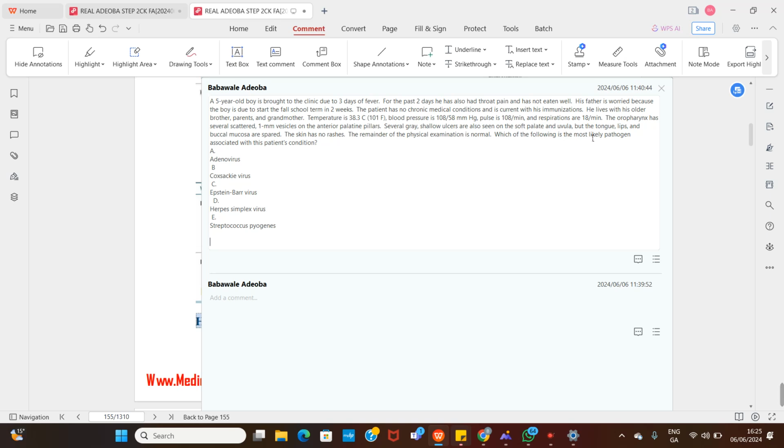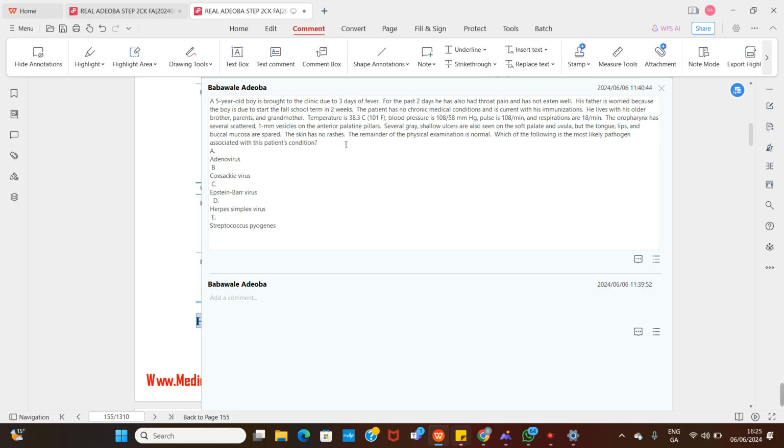But the tongue, the lips, and the buccal mucosa are spared. So if the tongue, the lips, and buccal mucosa are spared, it's not actually anterior like I thought initially. The palate is actually back, posteriorly situated. It's already affected the uvula and the soft palate, and it's sparing the tongue, the lips, and the buccal mucosa.